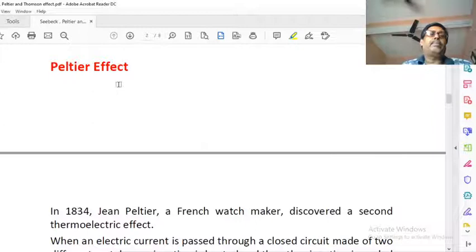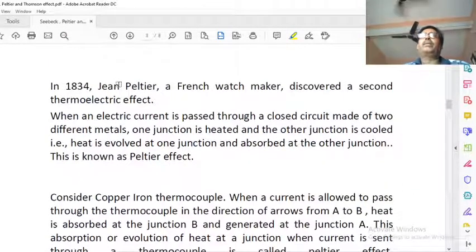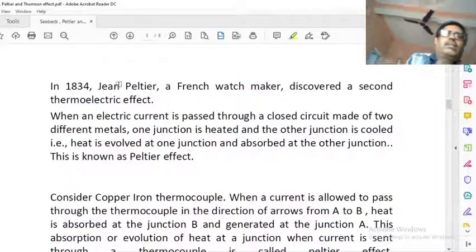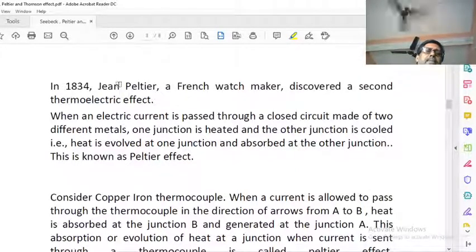Now the Peltier effect. Peltier effect is just the reverse of the Seebeck effect. In Seebeck, I saw that current flows when the two junctions are maintained at different temperatures. But in Peltier, we will see that if current is passed through the thermocouple circuit, we get a temperature difference.